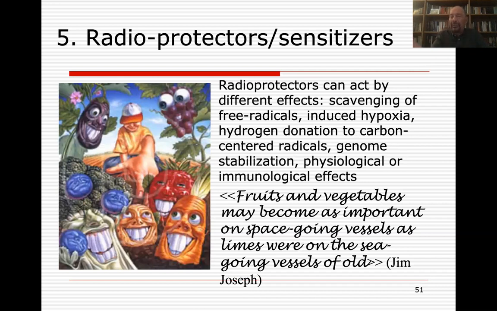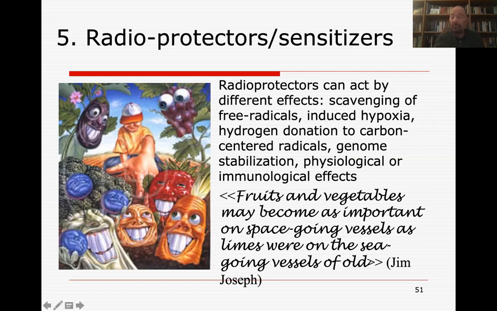There can be different types, including not necessarily drugs. There can also be dietary supplements, and especially antioxidants, because we have seen that antioxidants reduce the reactive oxygen species, which are the most important to induce sensitivity. So they can be important as radioprotectors.